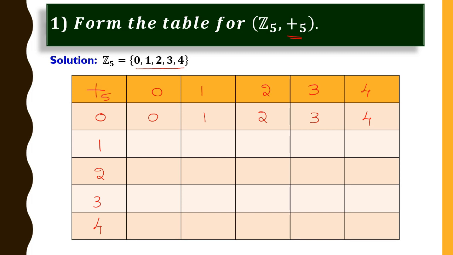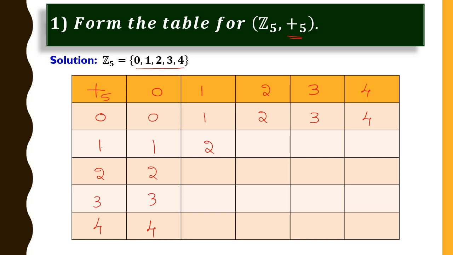Similarly, we shall fill up this column. Again, 1 plus 0 is 1. 2 plus 0, 2, 3 plus 0, 3. Similarly, 4 plus 0 is 4. And the next, we shall fill up this 1 plus addition modulo 5. That is 1 plus 1, that is 2.